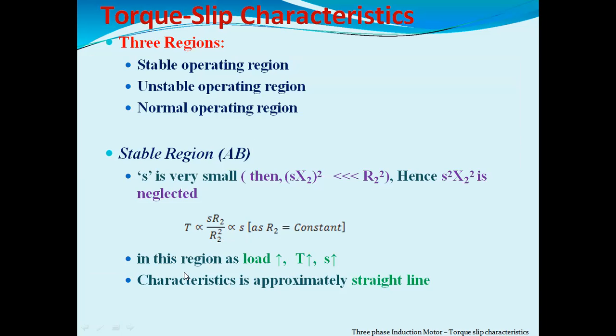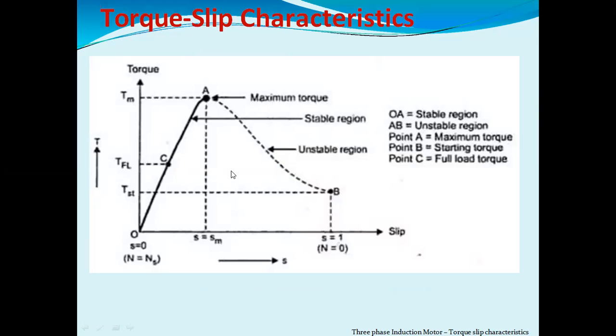So in this region, if the value of load increases, torque will increase with increase in the value of slip. So we will get the characteristics approximately as a linear line, or we can say a slope. If we take it from the origin as a straight line, it is the slope.